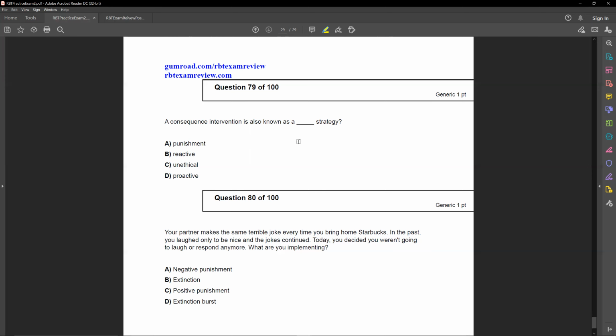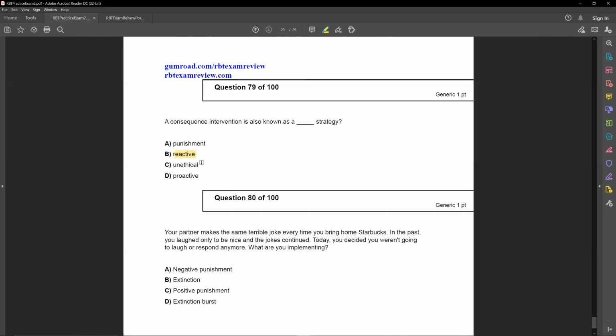So we don't necessarily refer to a consequence intervention, okay, as a punishment strategy, right? Because that's just a piece of the consequence, okay? And there's a much better answer here. So this is a good example of reading all the answer choices, okay? Because punishment looks like an okay answer choice, but there's a much better one, right? And the better answer choice is reactive, okay?